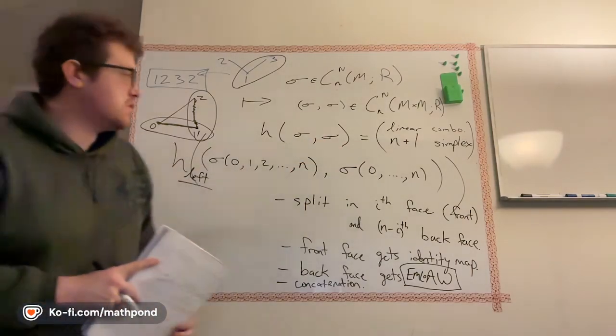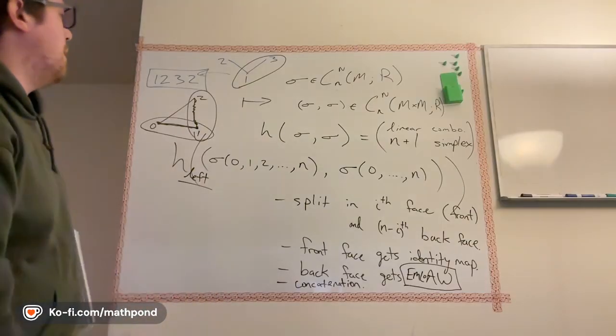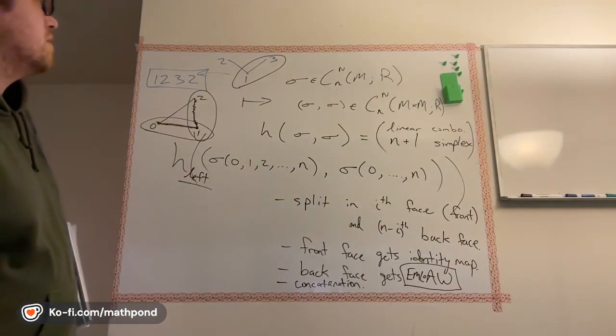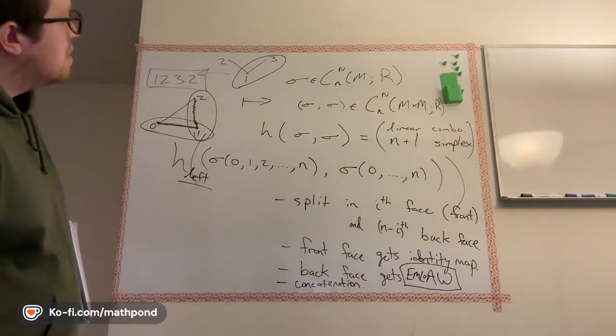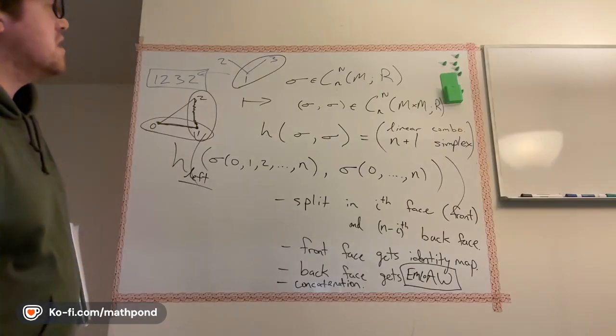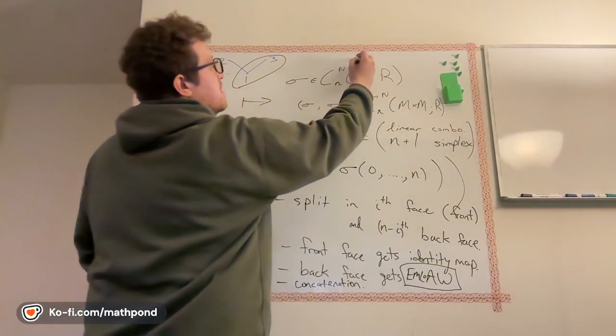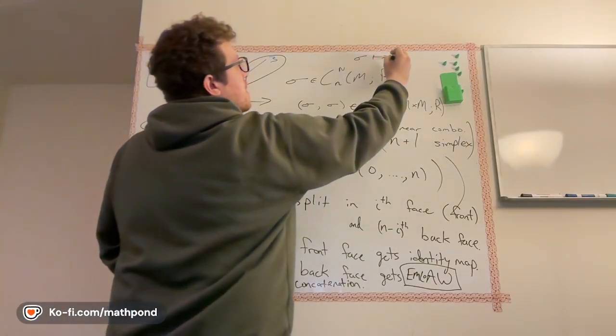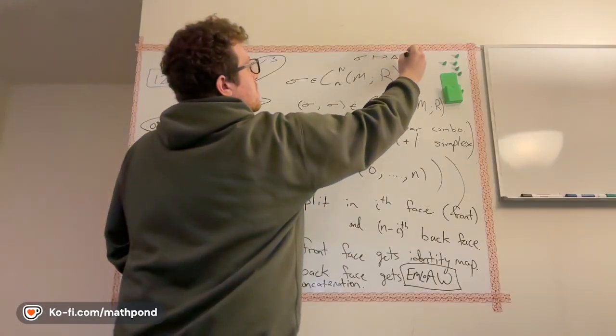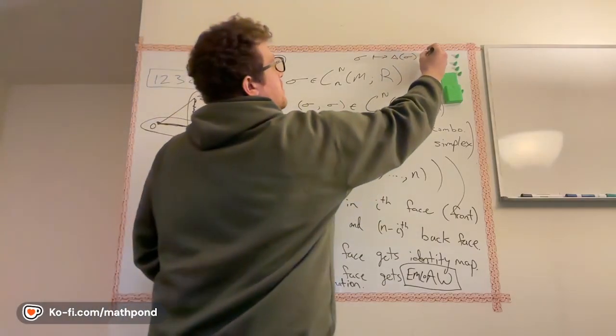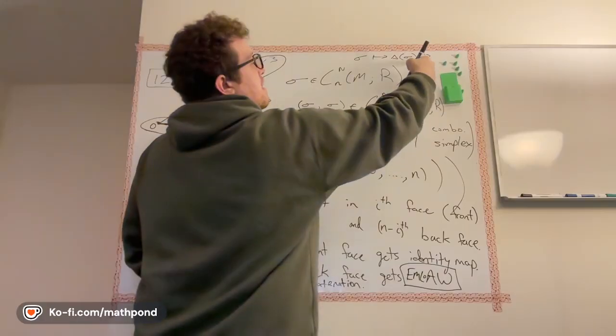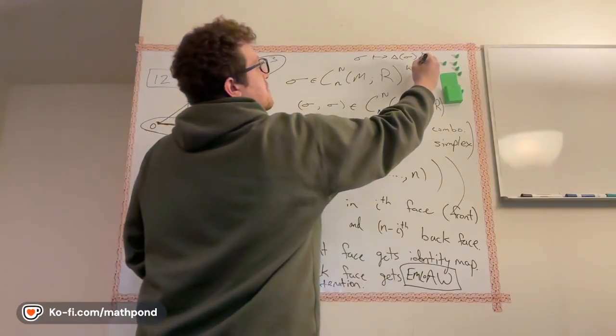So yeah, let's do the whole map out. Well, I guess I can't really do it for, well, yeah, let me at least write it. So we have this sigma is going to delta of sigma. So we're copying sigma, then we're applying H of that. So this is H of delta sigma.